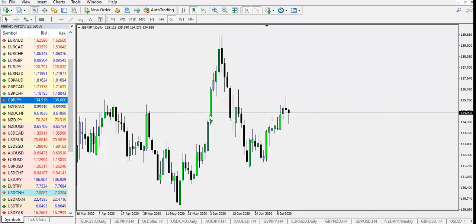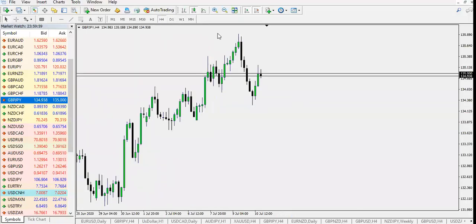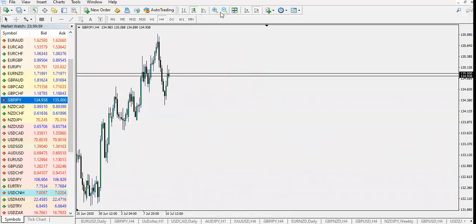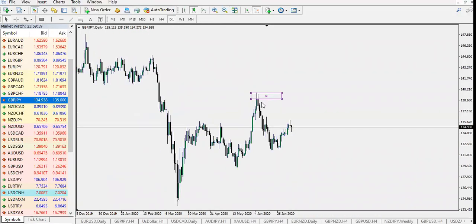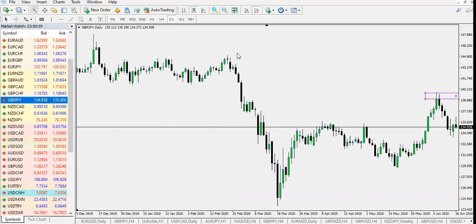Obviously on a high time frame, these wicks over here represent data. So if we go down to a lower time frame and zoom out a bit, we can see that those wicks on the daily have quite a bit of price action inside of them. So although it's a wick, it has price action, okay?